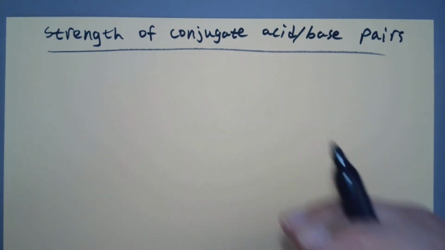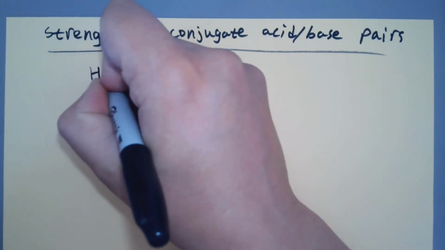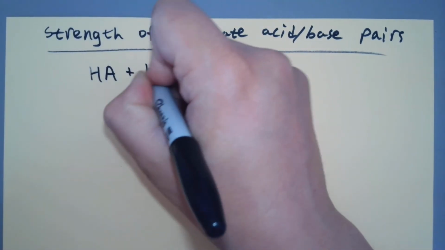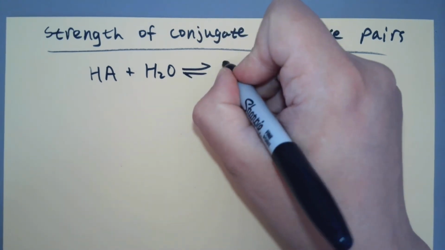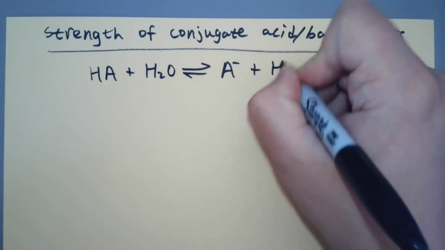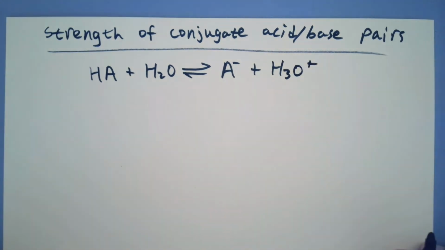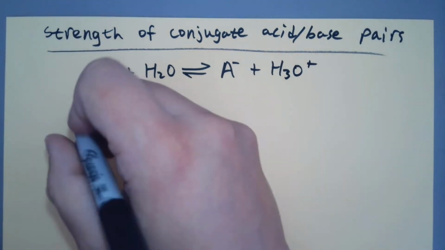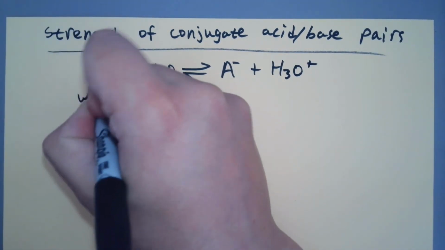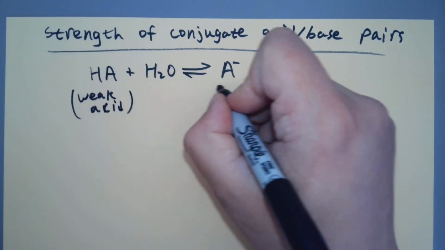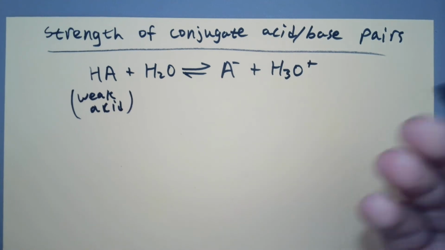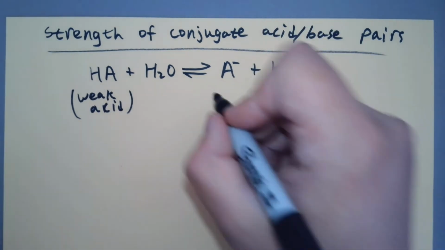If you have a weak acid, you have the following system. Here's our weak acid. And what's this right here? Well, we could also say that this is our conjugate base.